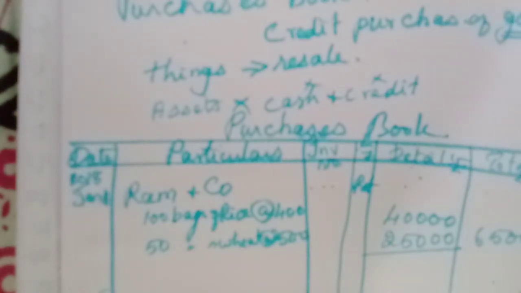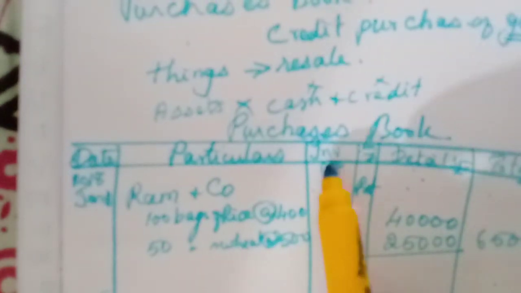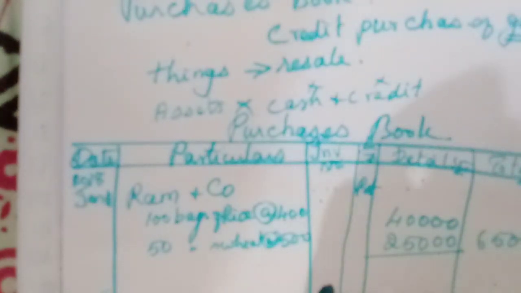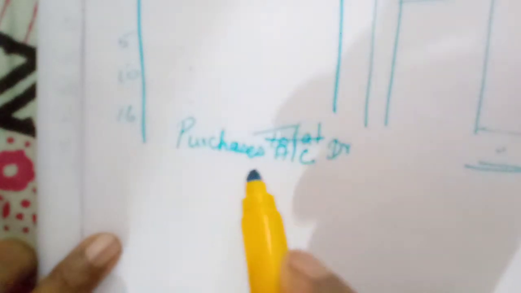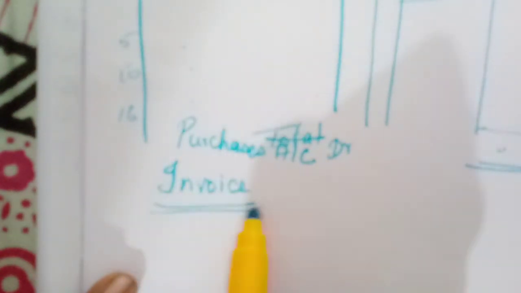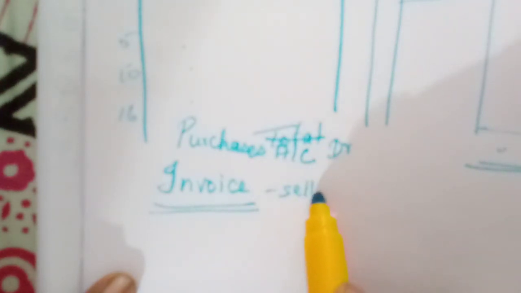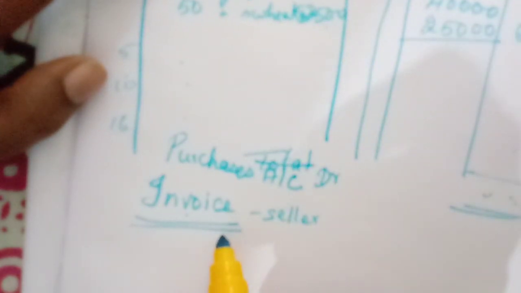Now here in the purchases book you should understand, I will explain what is invoice. Because we are entering this purchases book with the support of invoice. Invoice is prepared by the seller. So the seller means our supplier, Ram and Co. Ram and Co only prepare this invoice and he will give us. With this one only we can write how many bags of rice, what is the price, isn't it?